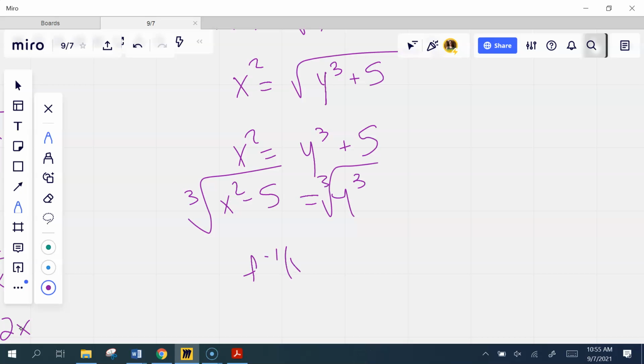The inverse here is the cube root of x squared minus 5. Everybody good? For right now, yes. All right, let's do some confirming.